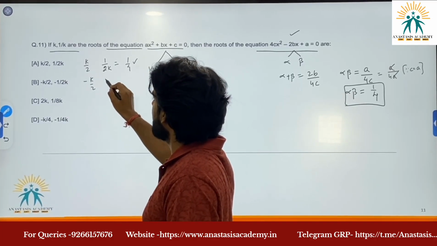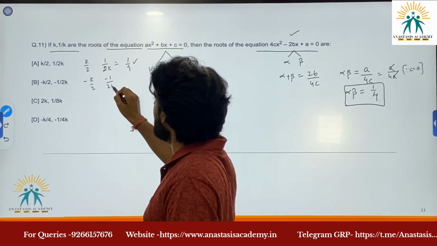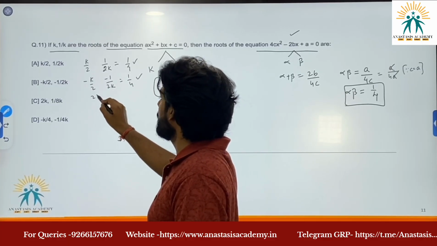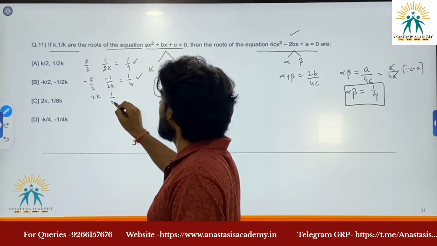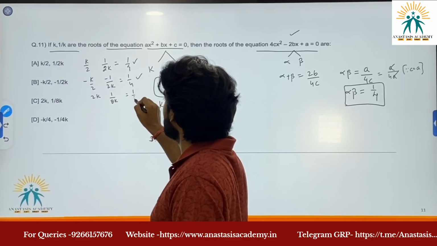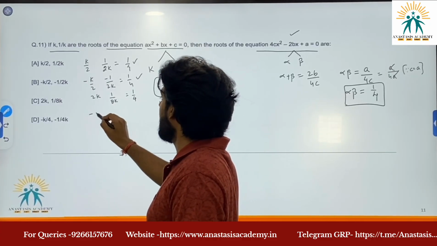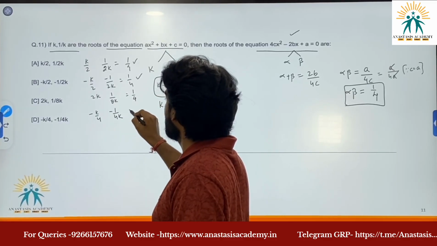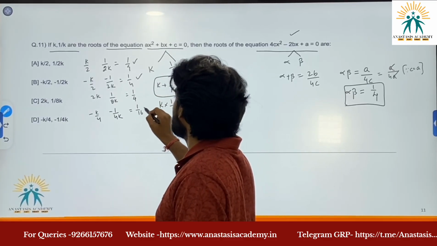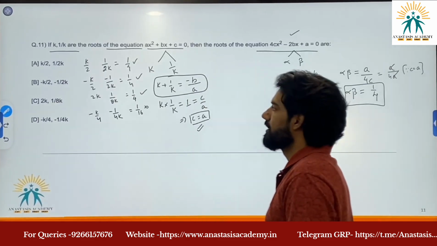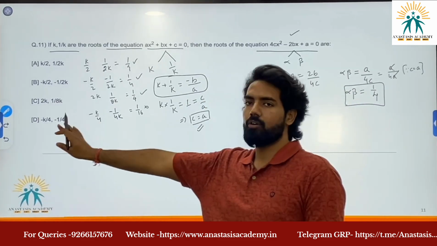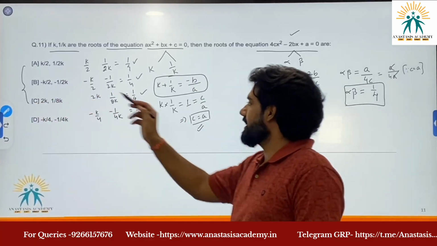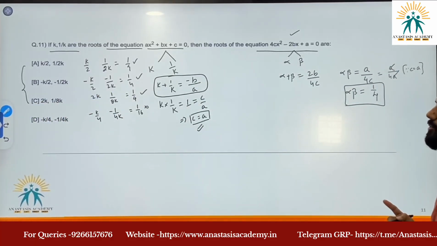Minus k by 2 into minus 1 upon 2k, it is also satisfying. 2k into 1 upon 8k, it is also satisfying, 1 upon 4. And minus k by 4 into minus 1 upon 4k becomes how much? 1 upon 16, which is not satisfying. So option D cannot be the answer, but there are three options which are satisfying this condition, that product of the roots is 1 by 4.